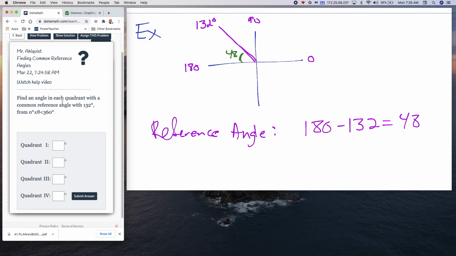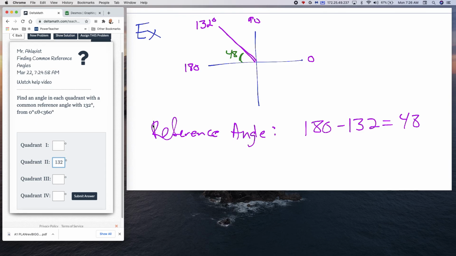Now, this question is saying, okay, well, talk to me about the other angles in the other quadrants that have that common reference angle. So you know that we're talking about this one. You know this one's 132 because that's already in the second quadrant.